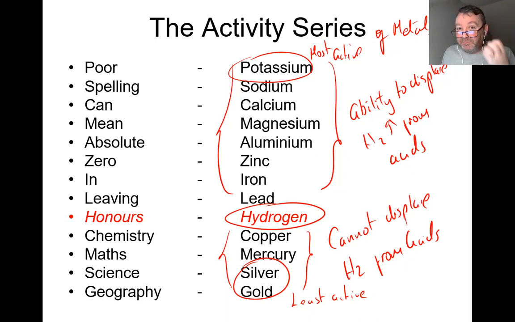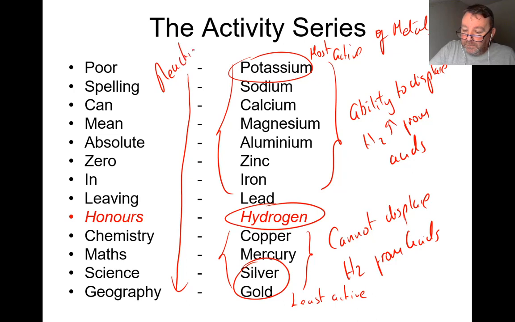Yeah, we get that flame and we get that pop. When we put gold into water, nothing. When we put gold into acid, nothing. So therefore their reactivity is decreasing as we move from potassium down to gold.